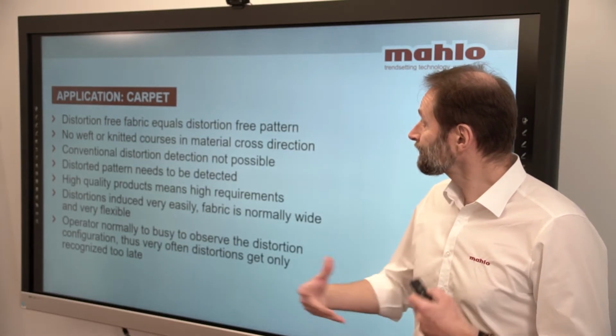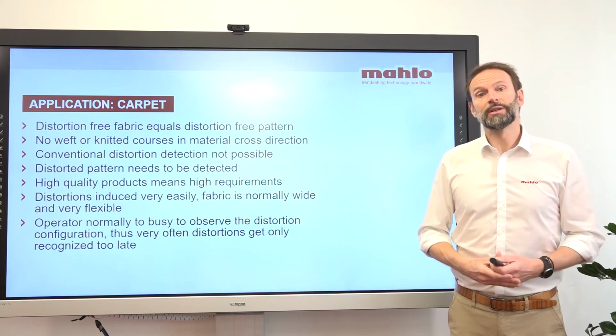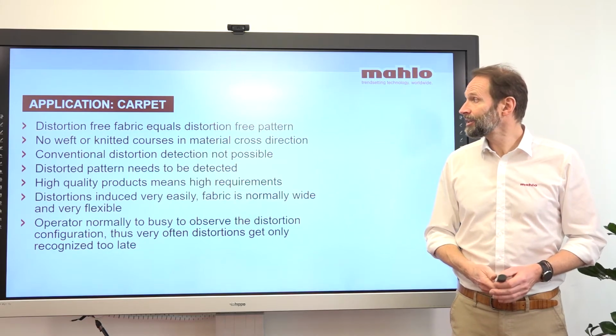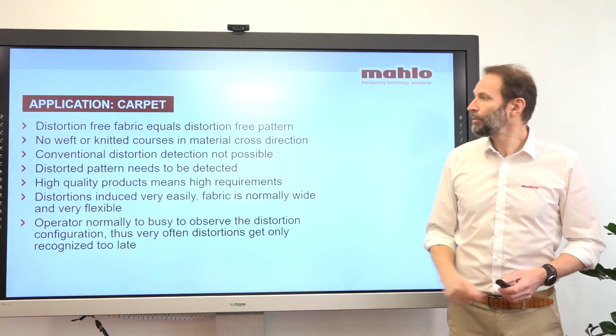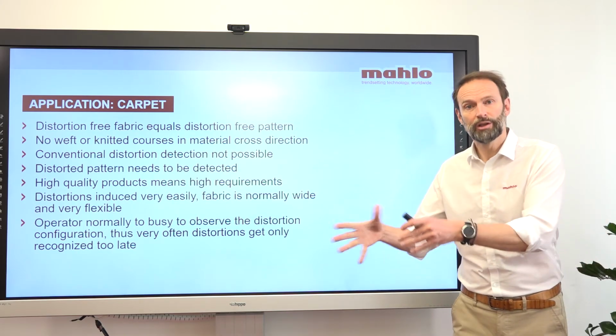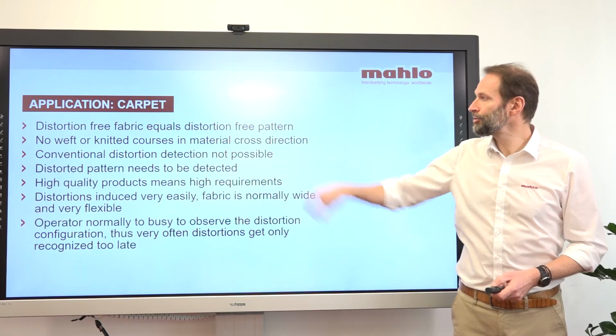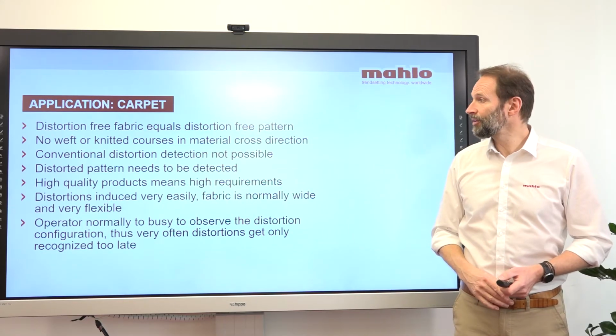Once again, here are some introductions of different carpet applications. Here we are talking about distortion-free fabric without really knowing the weft, only by measuring the pattern of the system.